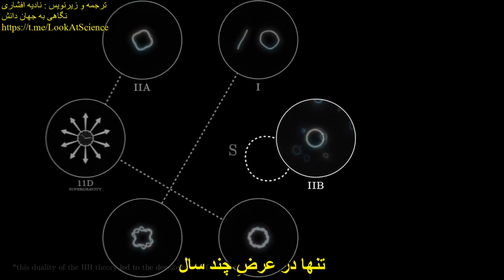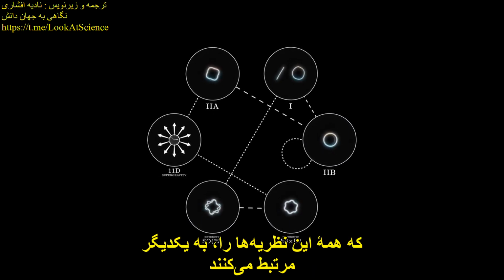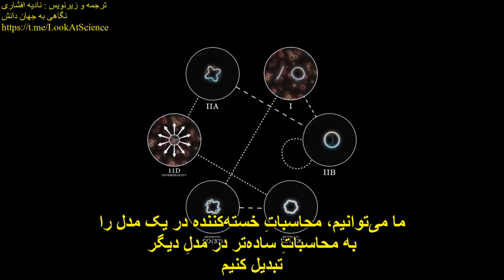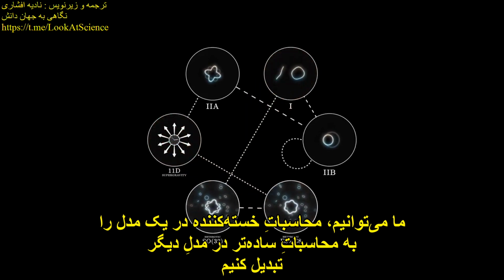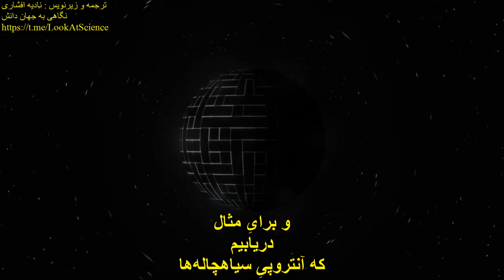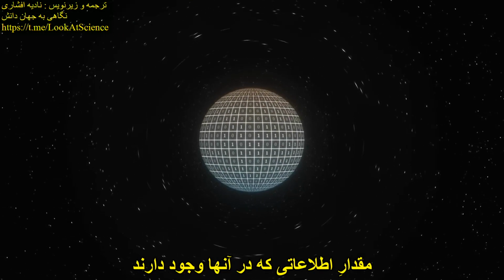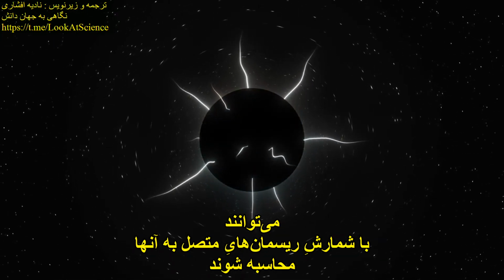In just a few years, researchers discover many dualities which connect all of these theories to each other. Thanks to these dualities, we can transform tedious calculations in one model into simpler calculations in another. These discoveries have allowed us to study phenomena previously inaccessible, and to discover, for example, that the entropy of black holes, the amount of information that they contain, can be calculated by counting the strings which are attached to them.